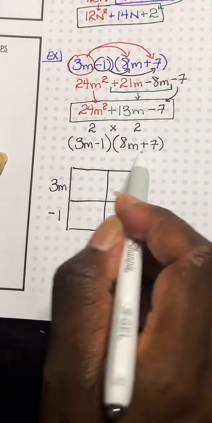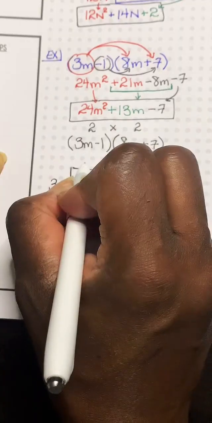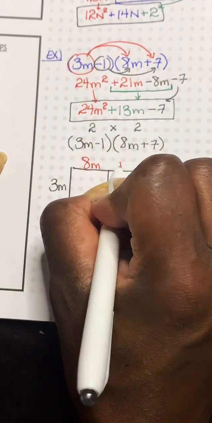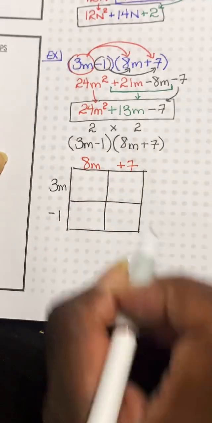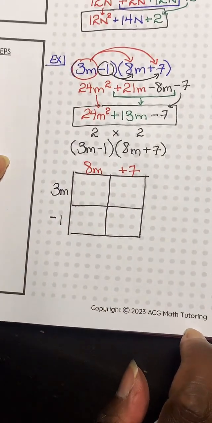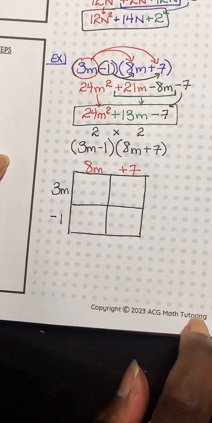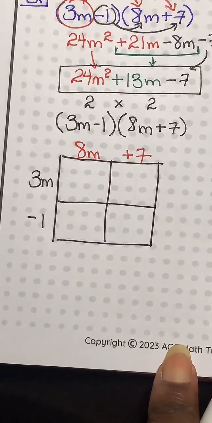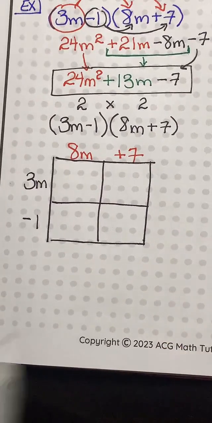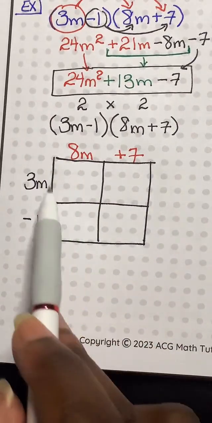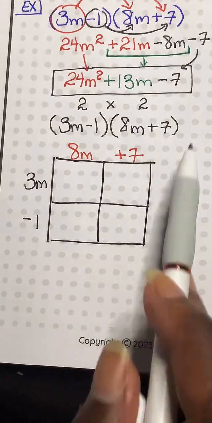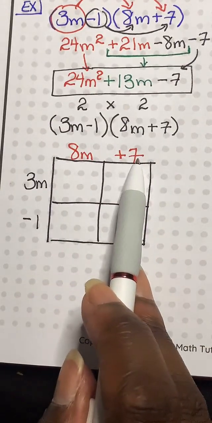Then I take the second parenthesis and put it up top here. If you decide to put it down below, it's the same thing. Let me zoom in just a hair. So I took the first parenthesis, put it along the side, and the second parenthesis, put it along the top.